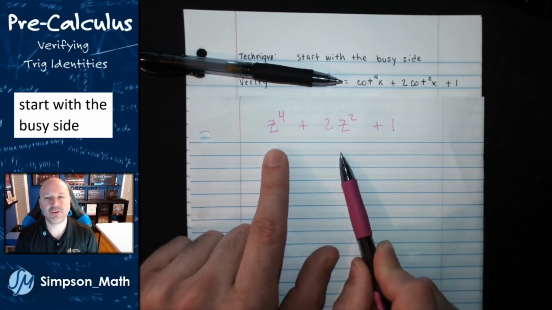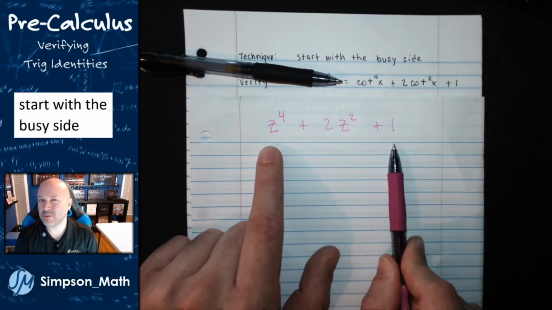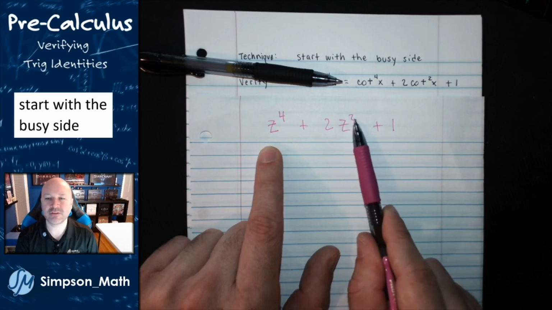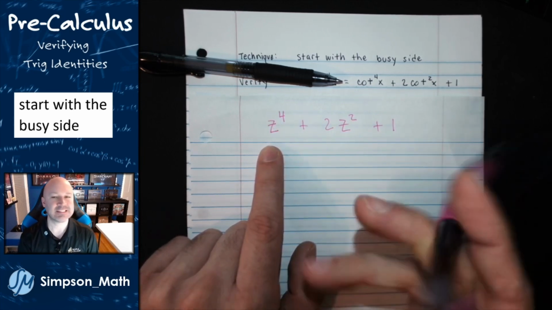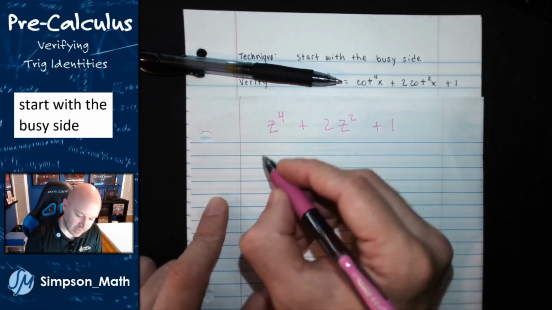In this form, does your old algebra skills scream at you? Trinomial? The power here is 2. This one's doubled. That makes some sense. This is old school factoring. How would you factor a trinomial?